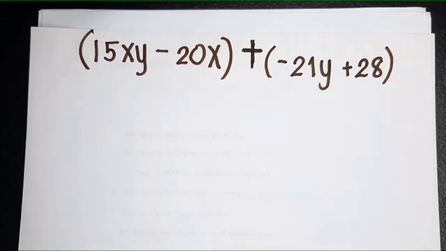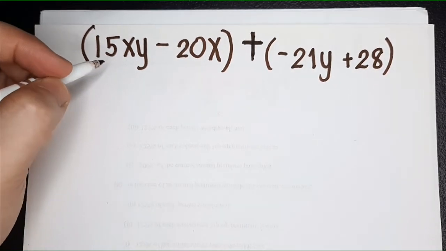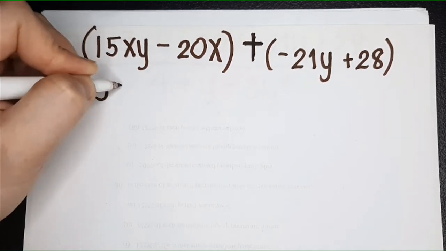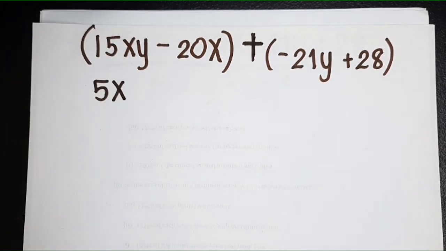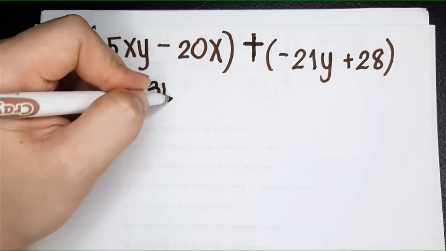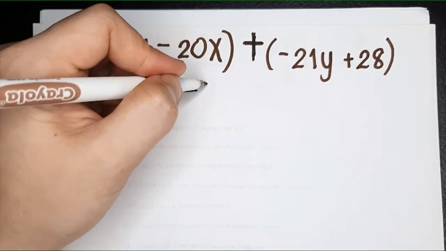Let's try to do the factoring by grouping. Ano ba yung common factor dito sa first group? What do we have? 5x. We can factor out 5x. And then what's left inside? It's 3y minus 4.